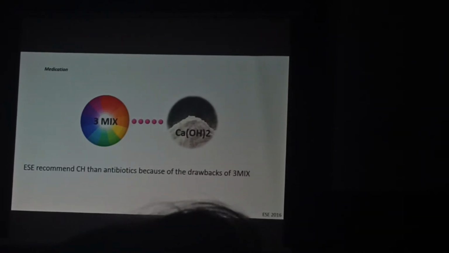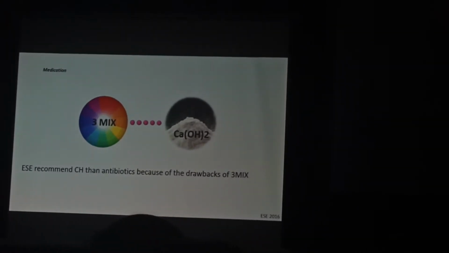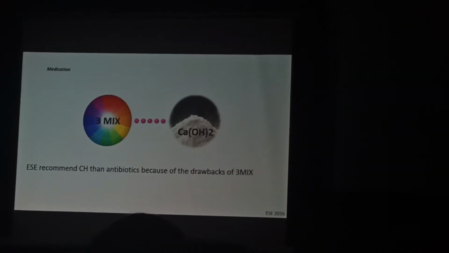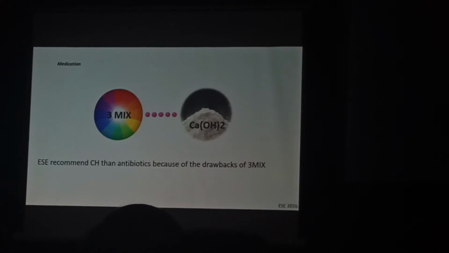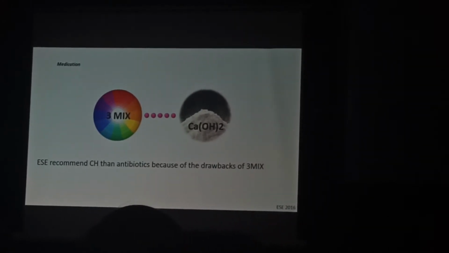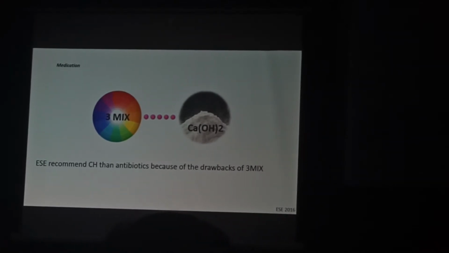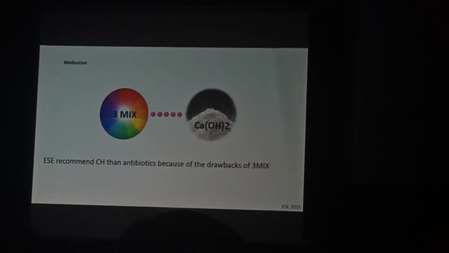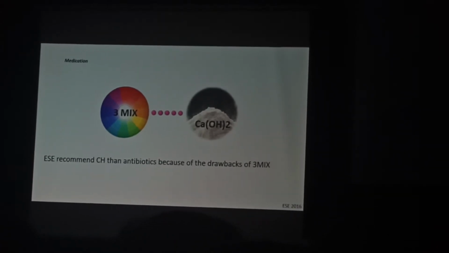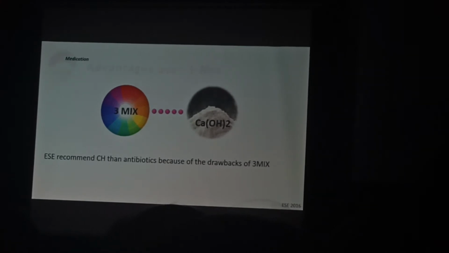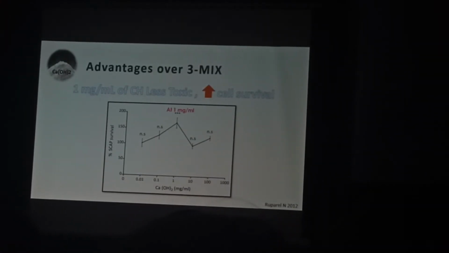When comparing premix and calcium hydroxide, if you remember, I mentioned two main associations interested in this field, ESE, European, and AAE, American. ESE recommends using calcium hydroxide rather than antibiotics because of the drawbacks of the antibiotics.